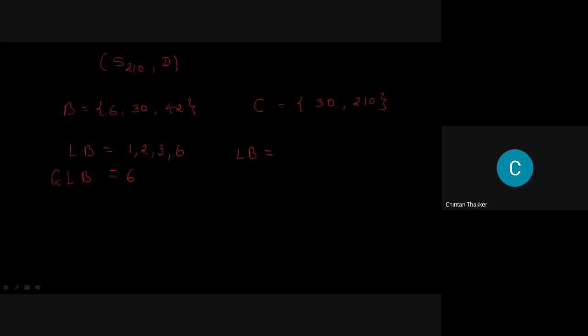So 30 is greater than 2. Here the greatest lower bound is 30, because 1 divides 30, 2 divides 30, 3 divides 30, 5 divides 30, 6 divides 30, 10 divides 30, 15 divides 30, 30 itself divides 30. So therefore, the greatest lower bound is 30.